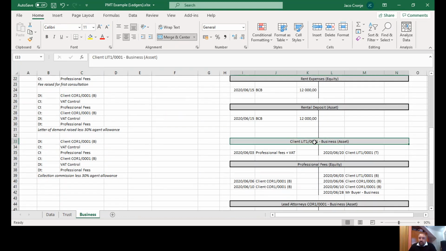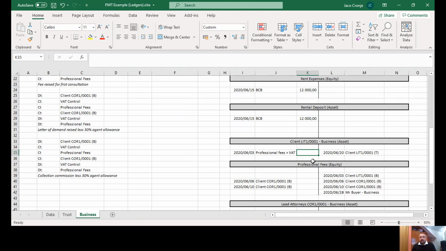For each client, he will have a business ledger, and he will also have a trust ledger under the trust tab. So now on the business ledger, because remember this is a business transaction where we generate the fee, now we have to show that he owes me the money.